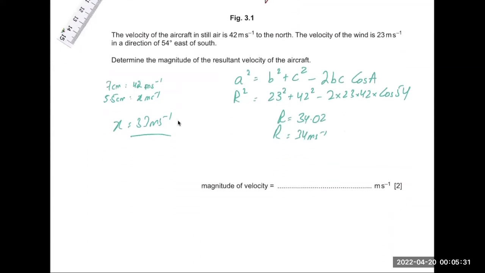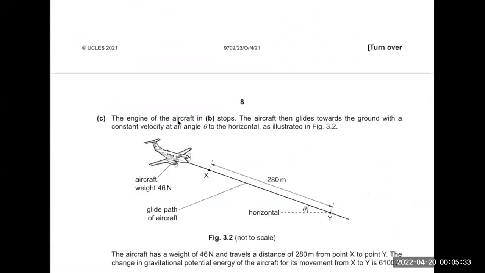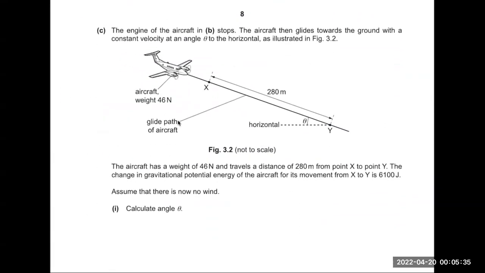I'll move on now. The engine of the aircraft in B stops. The aircraft then glides towards the ground with a constant velocity at an angle theta to the horizontal, as illustrated in figure 3.2.